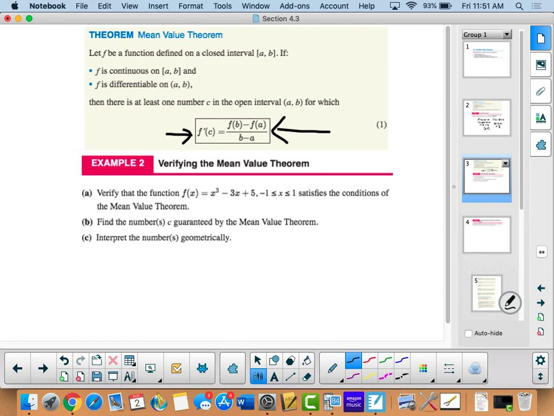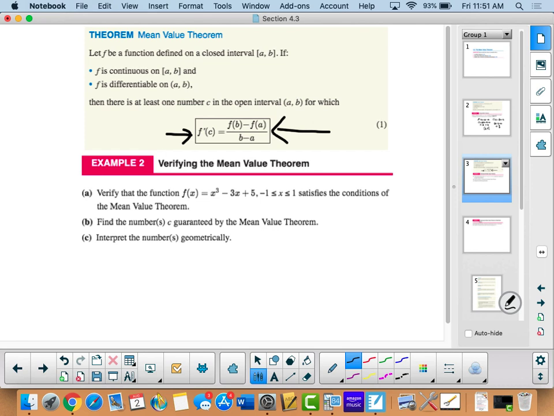That's what the mean value theorem is telling us there. So a lot of the times we use the mean value theorem to approximate what the slope of a tangent is in an interval when we don't have a function and we can't use the derivative to get that.